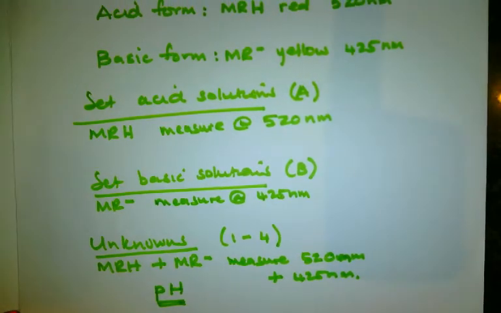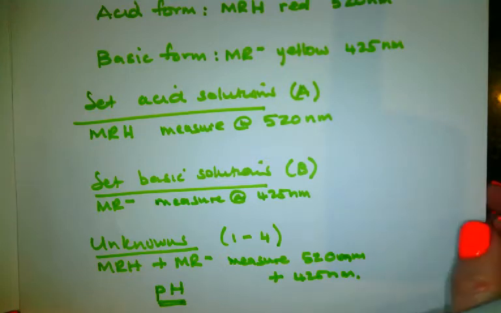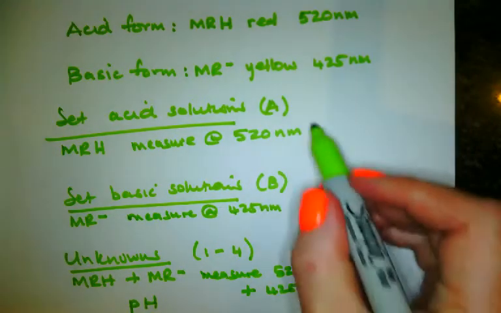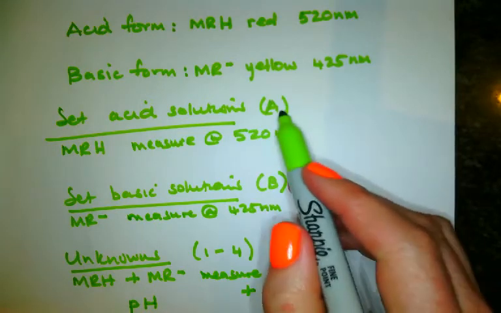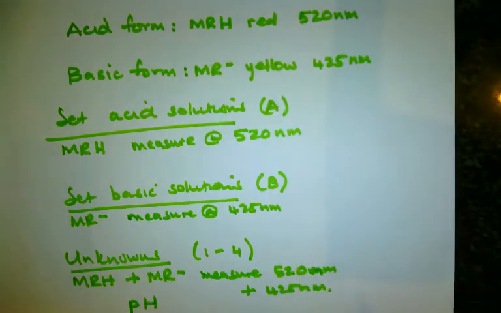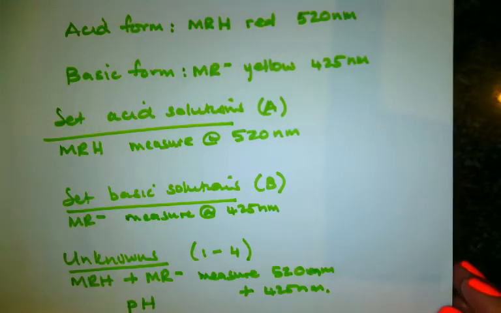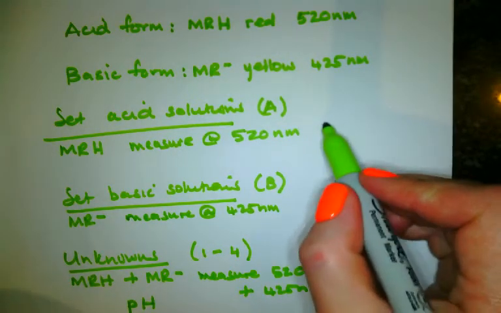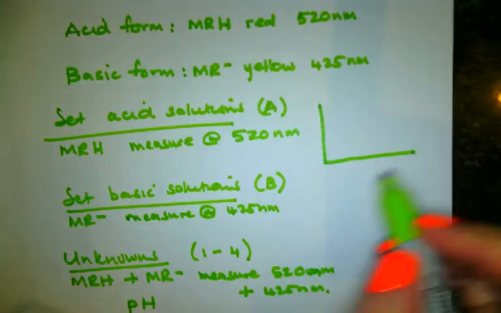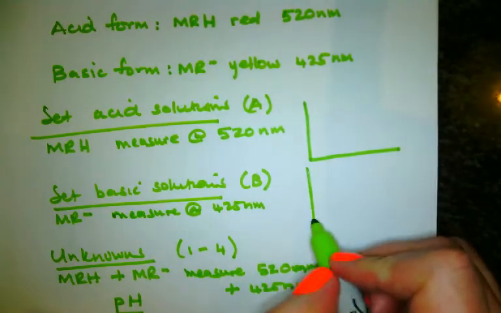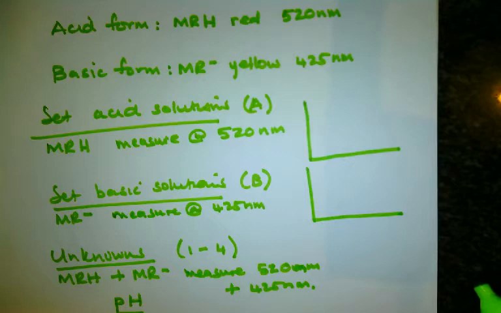Once you have done that, you're going to use the results of these two measurements of your solutions made from A and B to construct calibration graphs. So you're going to have an acid calibration graph and a basic calibration graph.